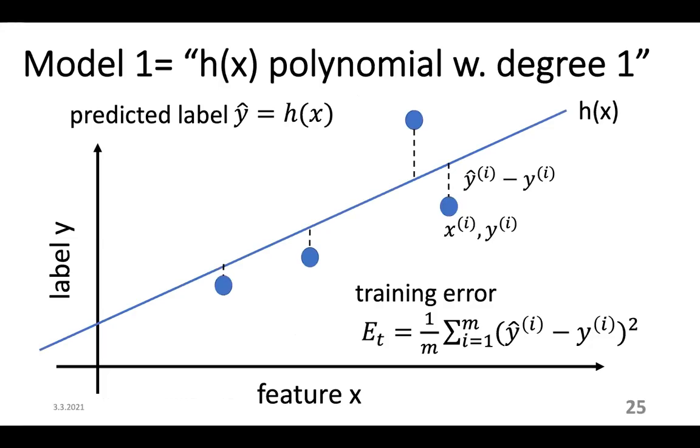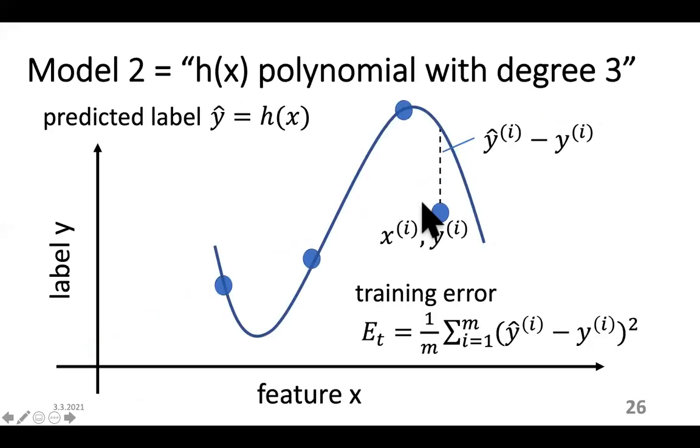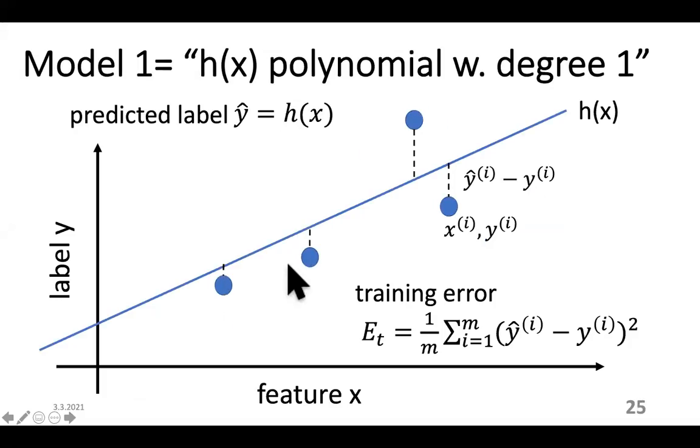Let's consider two different models. Model one, again, is a polynomial with maximum degree 1. We use an optimization algorithm to find the particular hypothesis out of this model, the polynomial with maximum degree 1 which has minimum squared error loss on the training data. We also call this fitting a straight line to these data points.